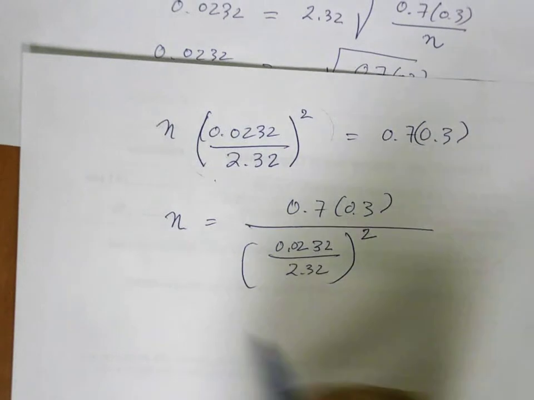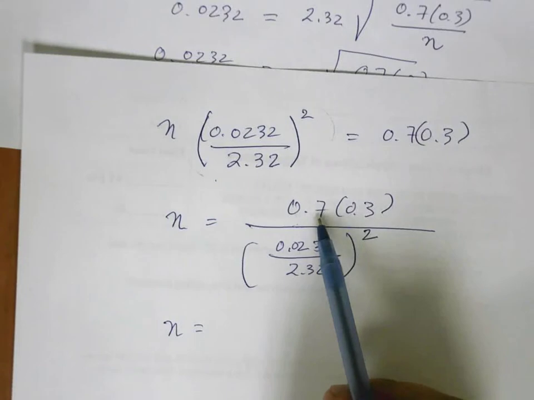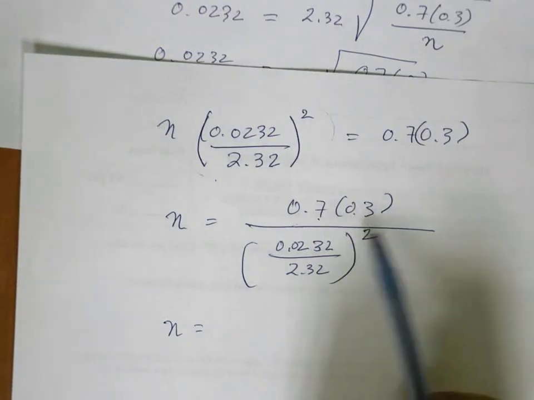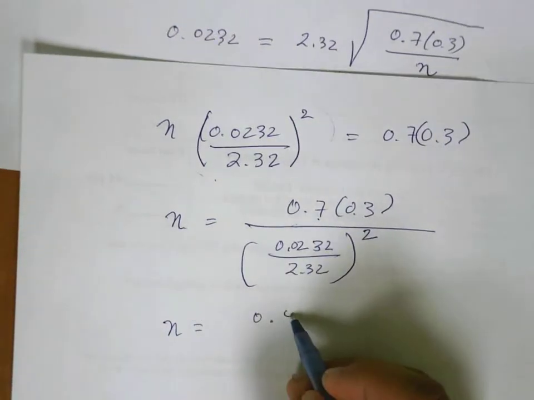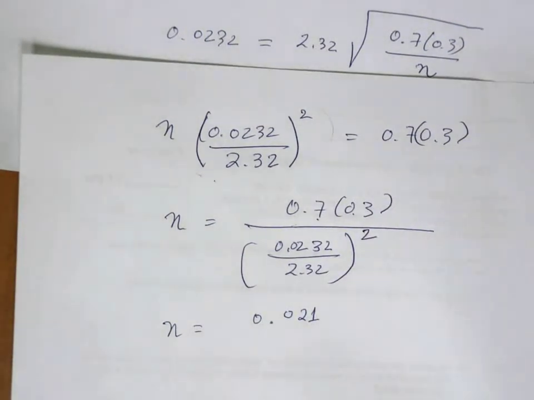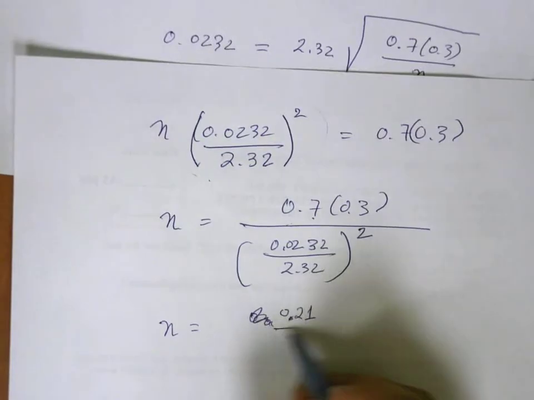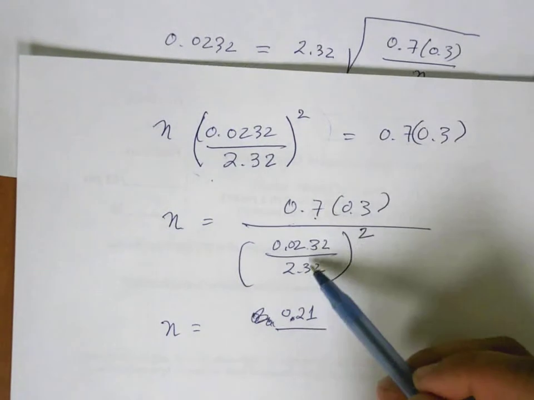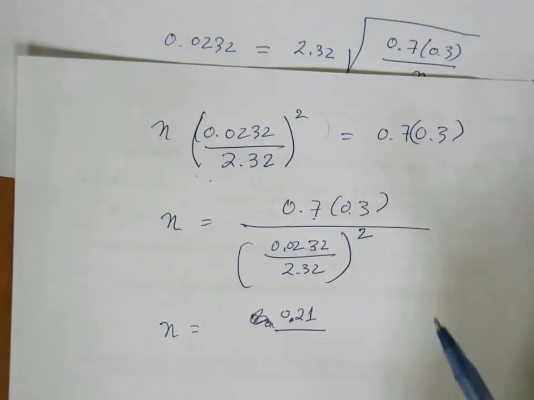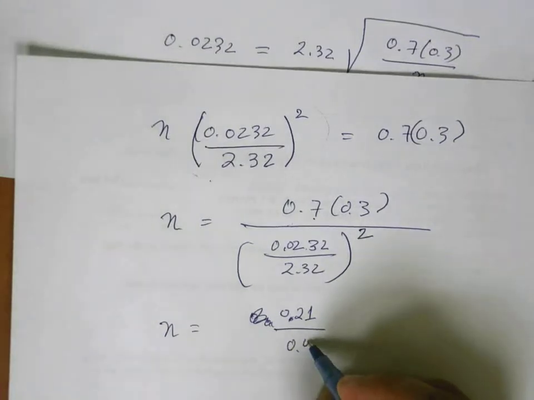So I'll even do this using mental math. 0.7 times 0.3 is, I'm sorry, just 0.21. Okay, all of this divided by 0.0232, I think it's going to give us 0.01 rather, squared.